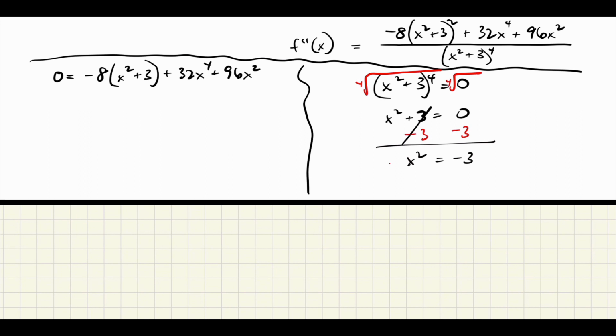I'm going to take the square root of both sides. But when I take the square root of negative 3, that's imaginary. There is no real number that I multiply by itself to make negative 3, positive or negative. So it's not going to give me an answer.